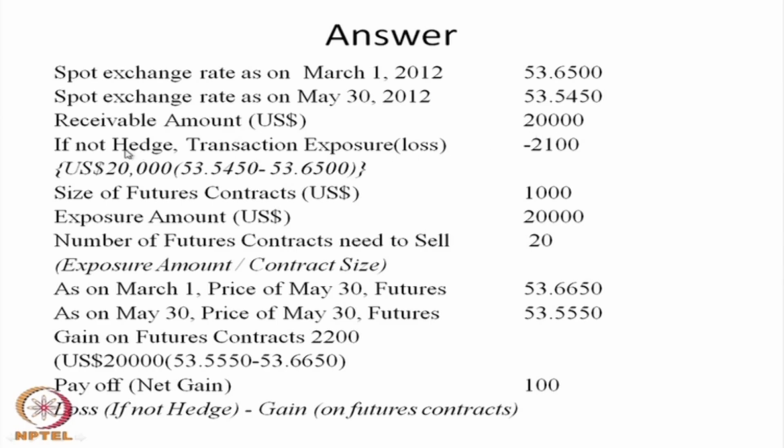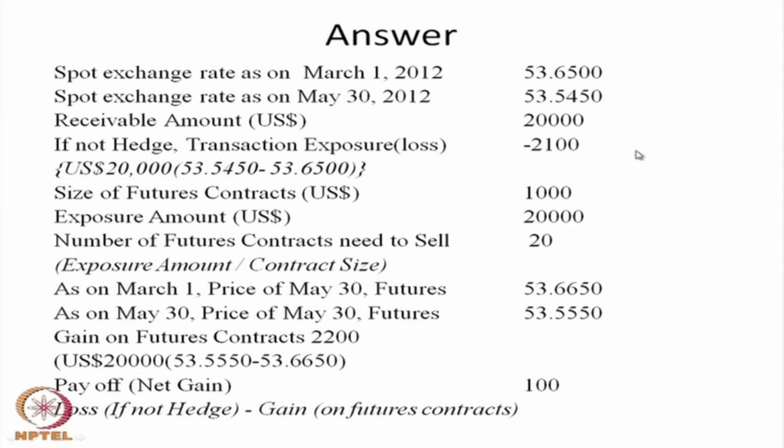If he does not hedge his position, he will sell his dollars at 53.5450, because the dollars arrive only in May. The dollar is depreciating and the rupee is appreciating, so he gets less, a loss of 2100 rupees.